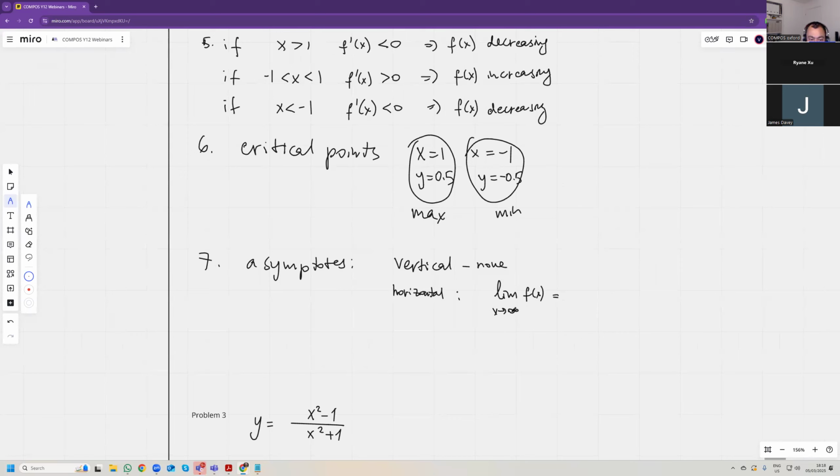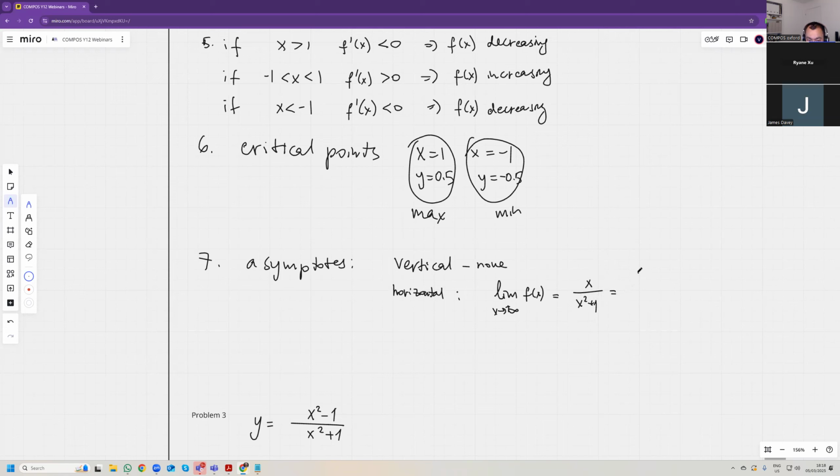Right, so let's do plus infinity first. And that's x over x squared plus 1. If x goes to infinity, what we can do is divide top and bottom by x squared.